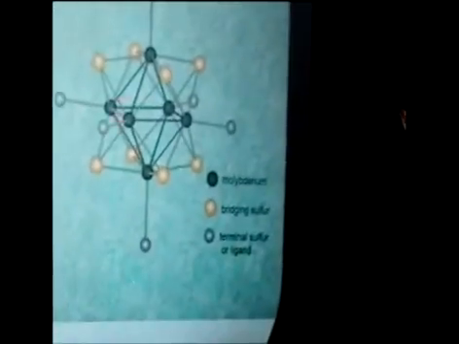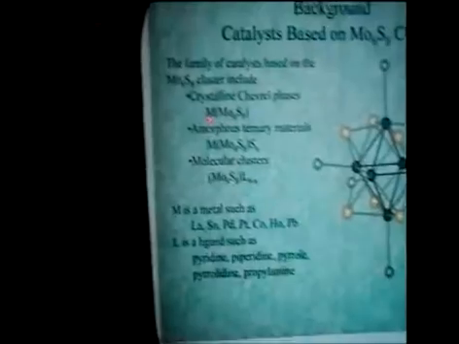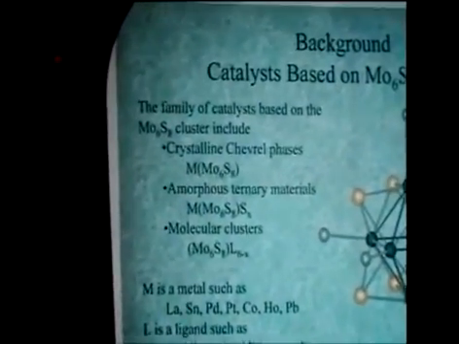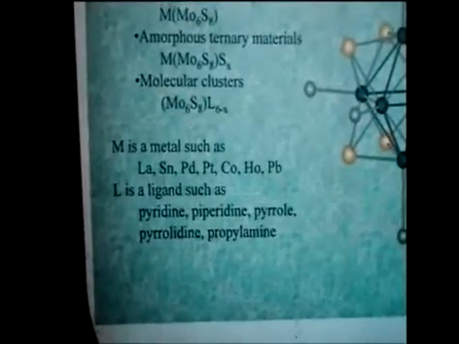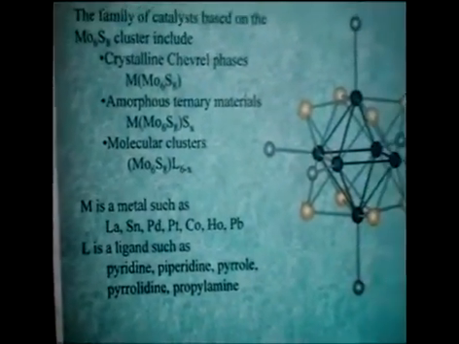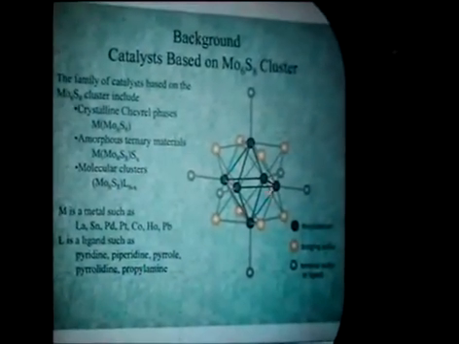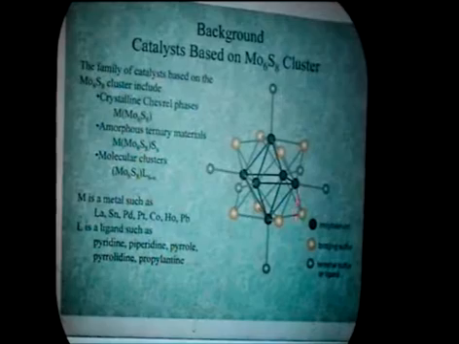The materials that are based on the Mo6S8 cluster include the well-known crystalline Chevrel phases. I list just the formula. You have a ternary metal that exists along with the Mo6S8 cluster. The Mo6S8 cluster itself is a stretched octahedron of molybdenum atoms, and you have bridging sulfur atoms on the squares that form a cube.